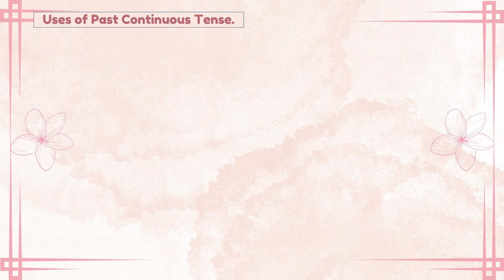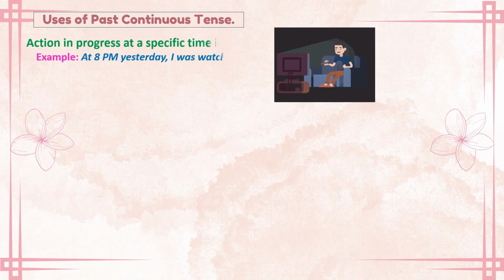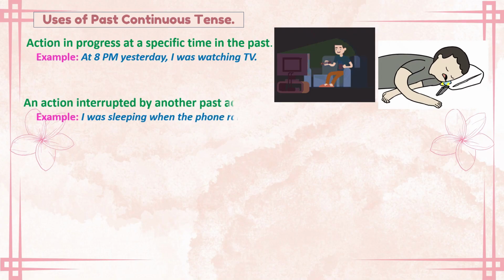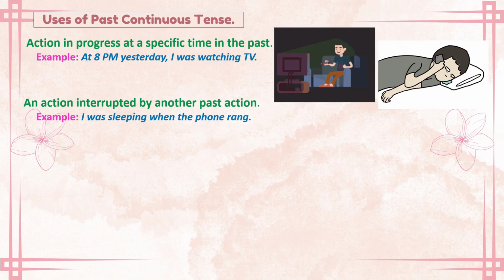Let's have a look. When do we use past continuous tense? With an action in progress at a specific time in the past. For example, at 8 p.m. yesterday, I was watching the TV. When an action is interrupted by another past action.